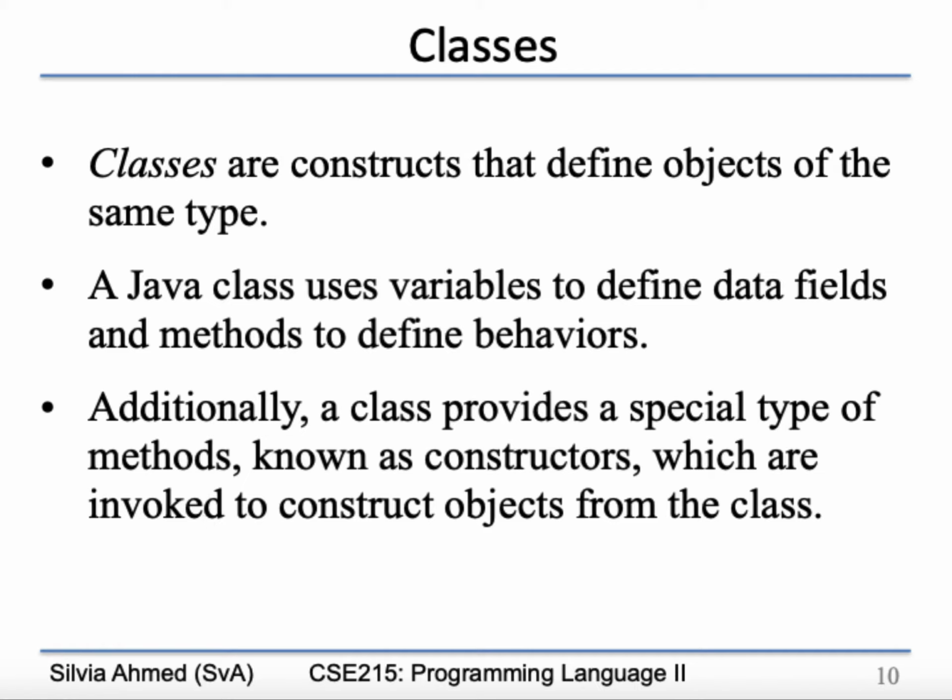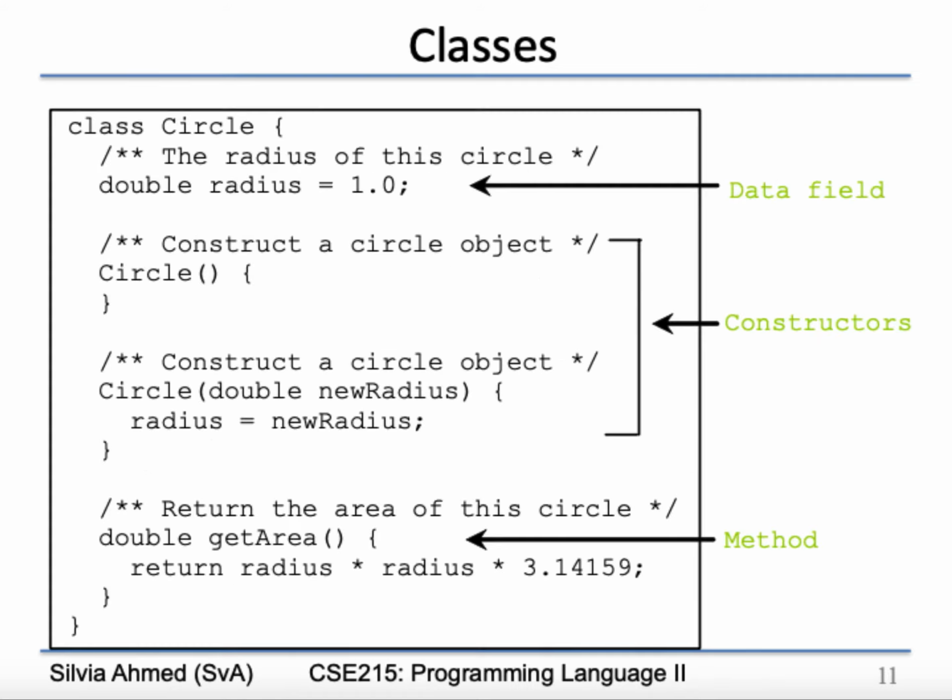We can have the general description of an object as a class written in our program, but that's not enough. From that general description, we need to create separate objects, and this needs a special type of method known as constructors. We will shortly see the details of constructors.